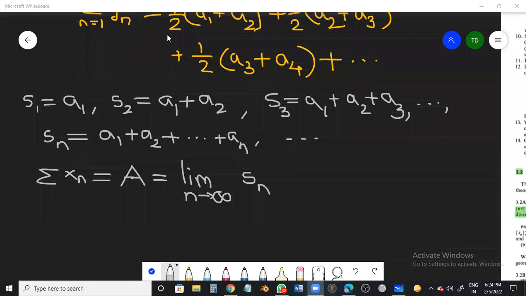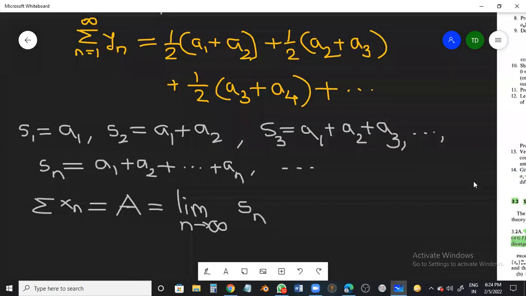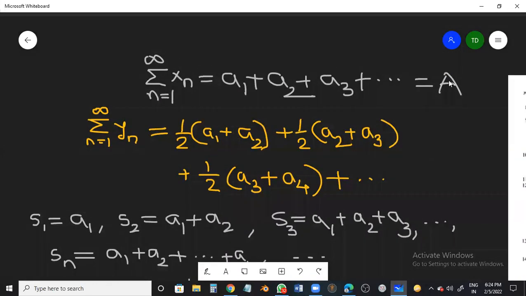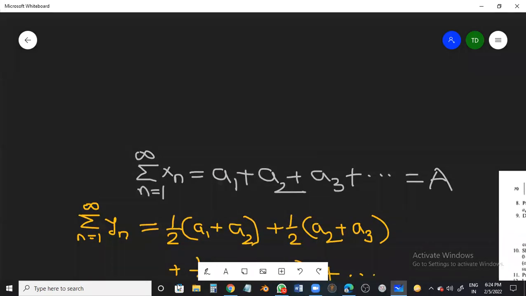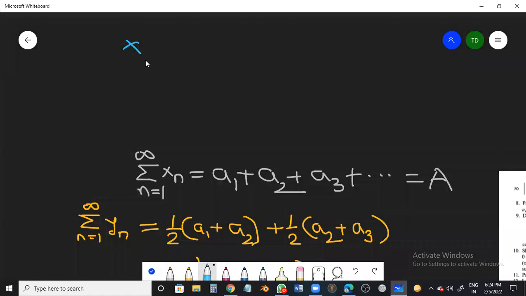See, basically what I did was, okay, one reply I got. All right. See, here the given series I'm just denoting by summation xn just to avoid these A's. I have written it as xn. What is x1? Can anybody tell me? What is x1?